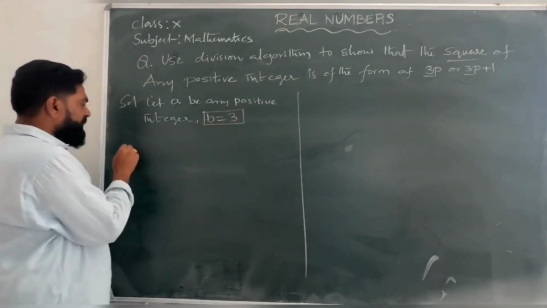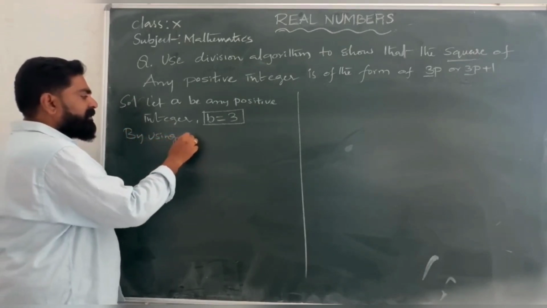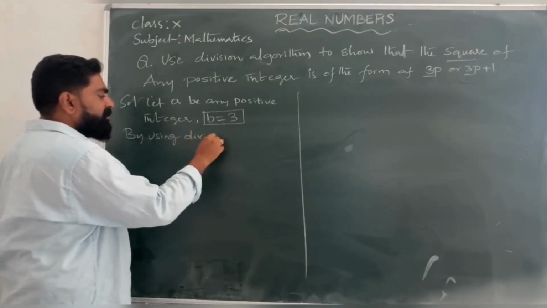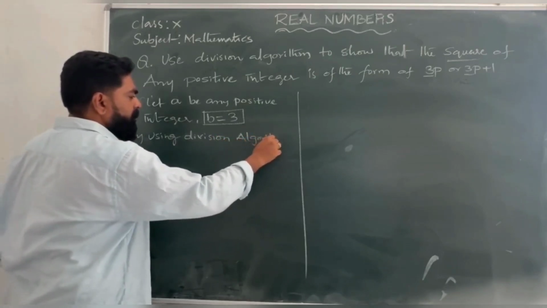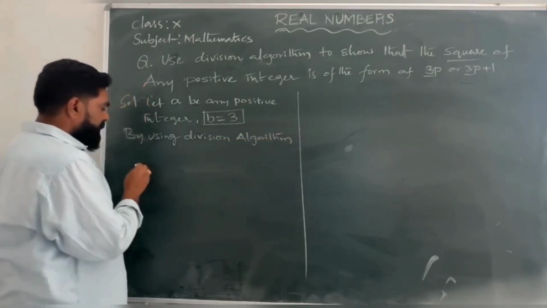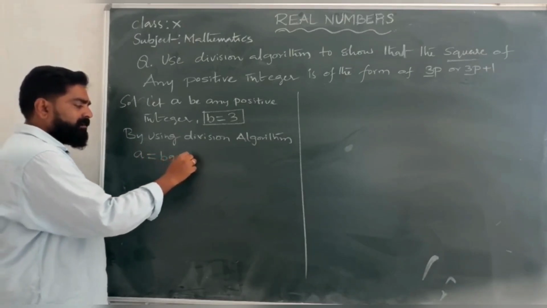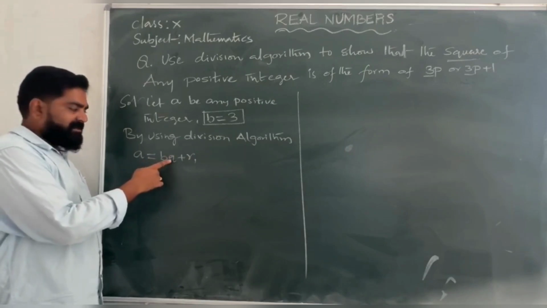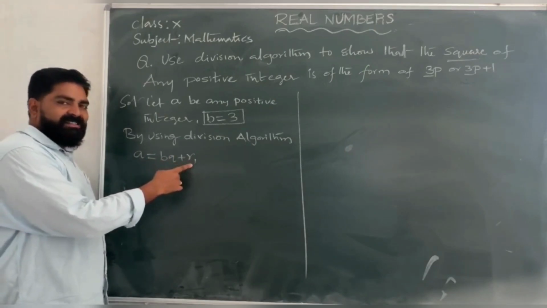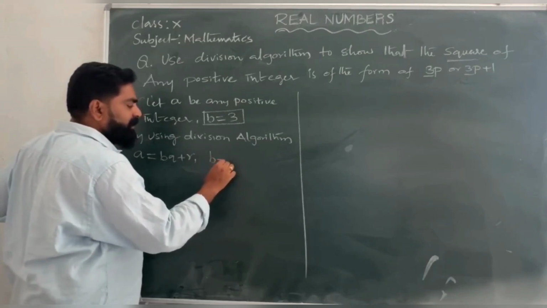By using division algorithm, here A is equal to BQ plus R. A is equal to dividend, B is equal to divisor, Q for quotient, R is equal to remainder.